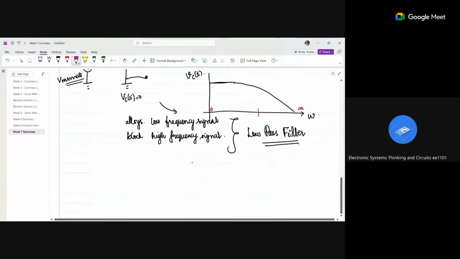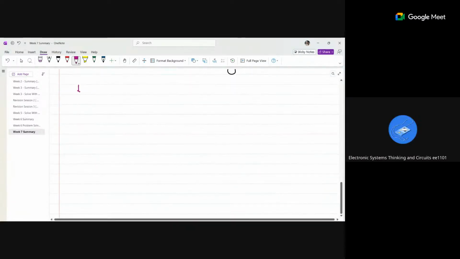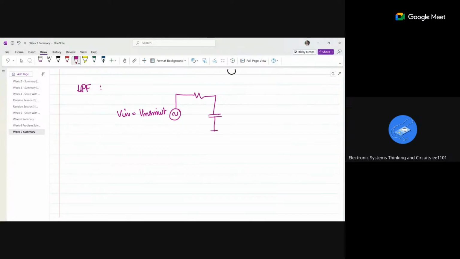So yeah. Next, what you will be seeing is the low pass filter. The same here, Vin of t is equal to Vm sine omega t, resistor, capacitor, RC.